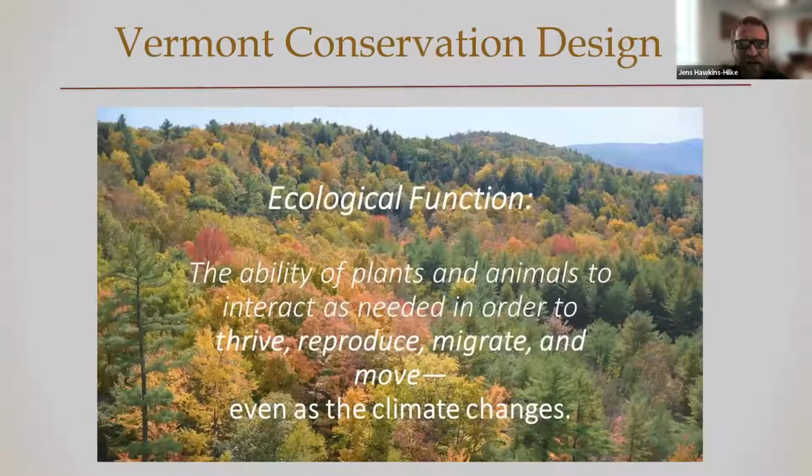And as I said earlier, this idea is based on ecological function, the ability of plants and animals to interact as needed in order to thrive, reproduce, migrate, and move even as the climate changes. So really baked into this conservation design is this idea of maintaining intact forests and allowing plants and animals to move even as the climate changes. And so forests are a critically important component of that.